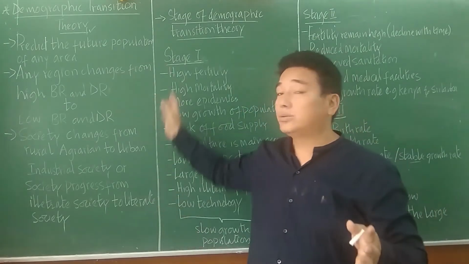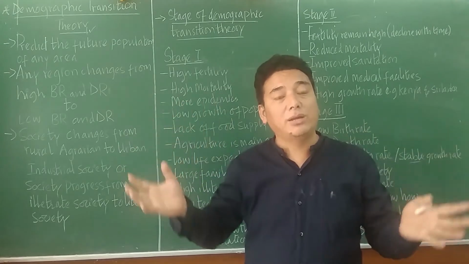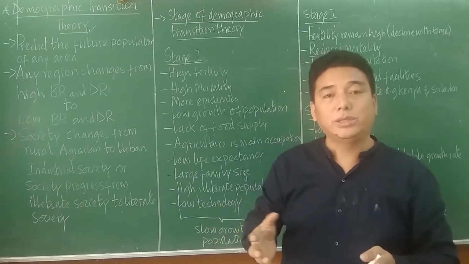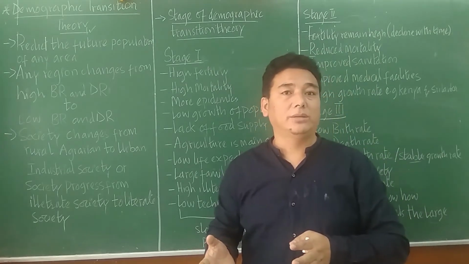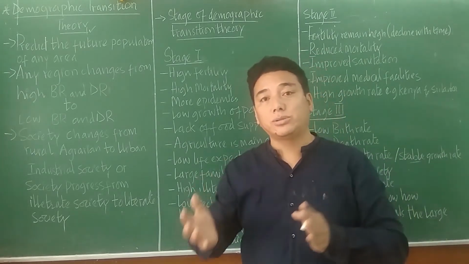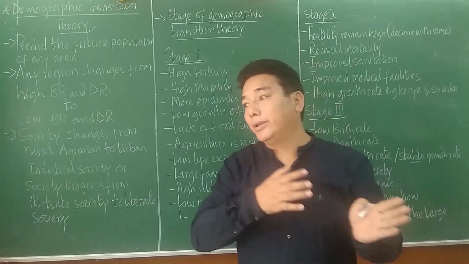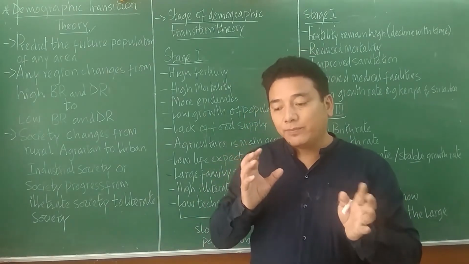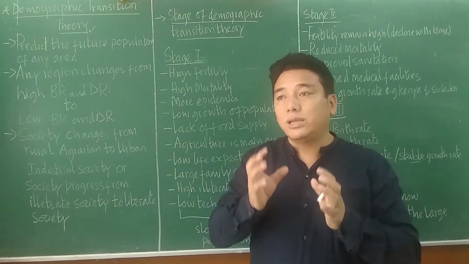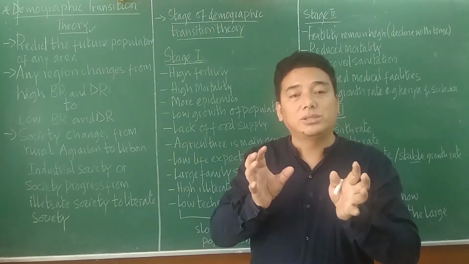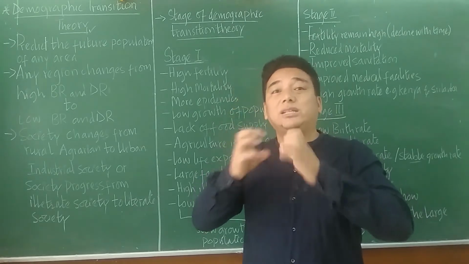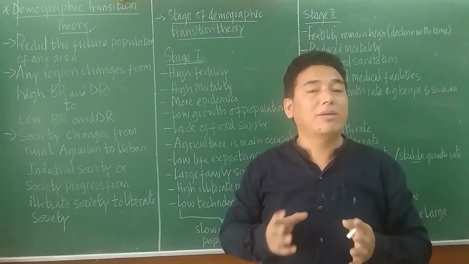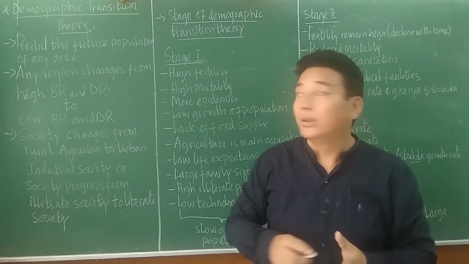Every society will change from an agrarian society to an urban society, or from an agrarian society to an industrialized society. This theory talks about those changes, and those stages of change in the theory are known as the demographic cycle. Is that clear? All right.